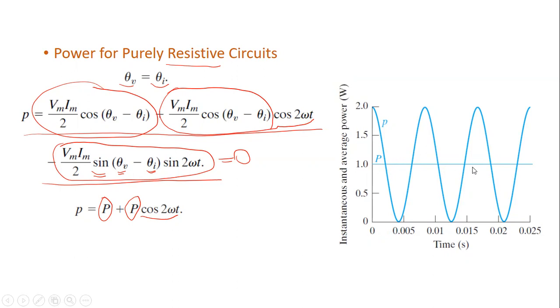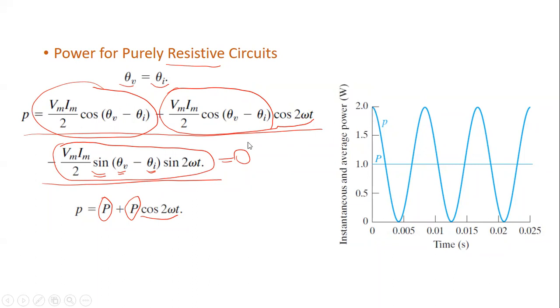Here is the constant value, P capital, and the magnitude of the sinusoidal component will be twice, because this P is given as 1. The sinusoid has a maximum of P, which is 1, and you are shifting it up by the same value. So the magnitude here will be 2.